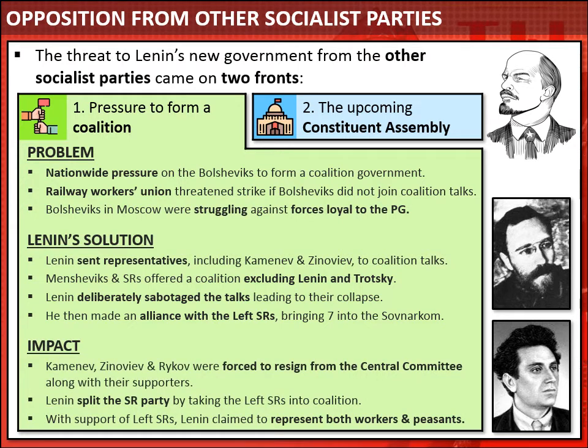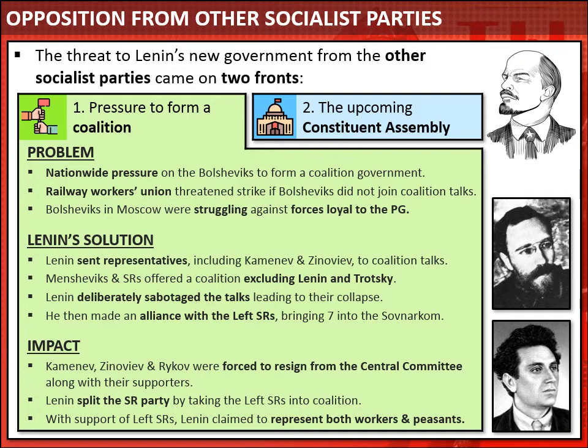This episode had some notable consequences for Lenin and the Bolshevik Party. Firstly, it created some splits within the party. Kamenev and Zinoviev and Rykov were furious with Lenin for sabotaging the coalition talks, and Lenin dealt with them ruthlessly. He forced them to resign from the Central Committee, along with all of their supporters. Now, their resignation didn't last for long. They soon pleaded with Lenin and were readmitted to the Central Committee.